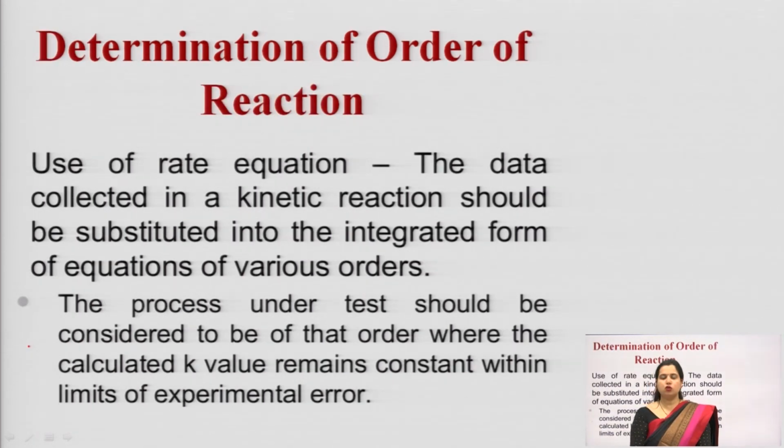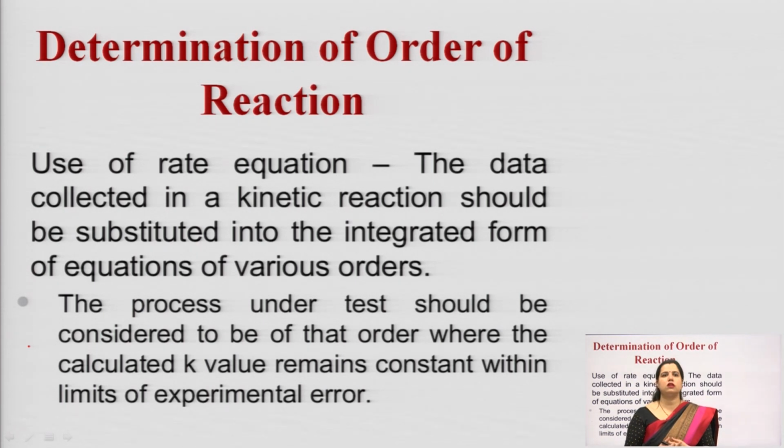Determination of order of reaction: how is it determined? Using rate data, the data collected in the kinetic reaction should be substituted into the integrated form of the equation of various orders. In our previous sessions on rate of reaction and rate laws, we discussed the integrated equations of first order, zero order and second order reactions.